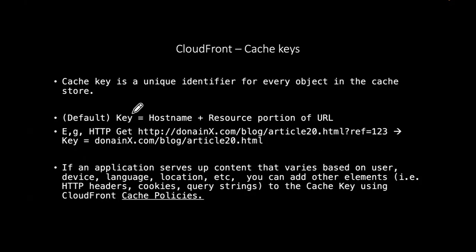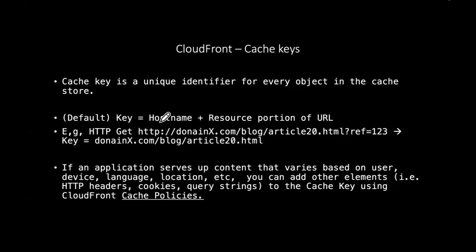Now, the structure of the key: there's a default structure that CloudFront uses, and the default is it simply takes the domain name and path part of the resource from an HTTP point of view. It takes that part of the URL to create the key.